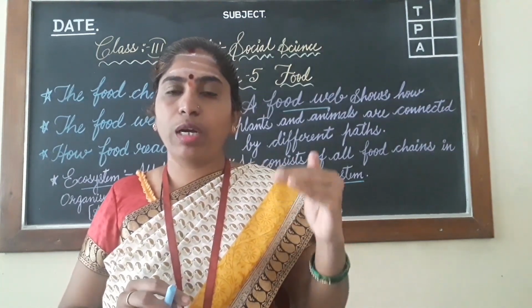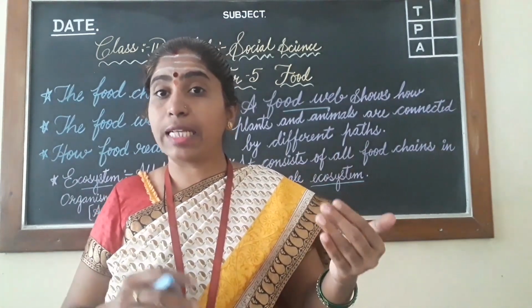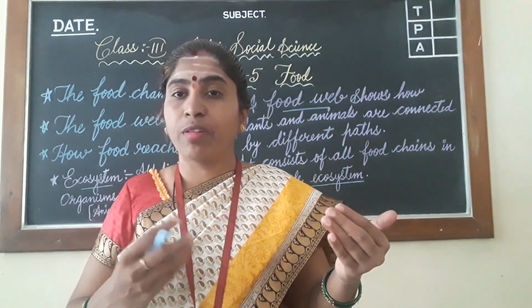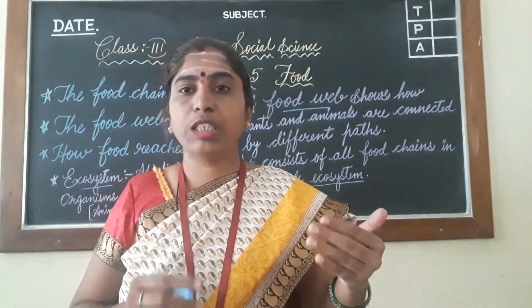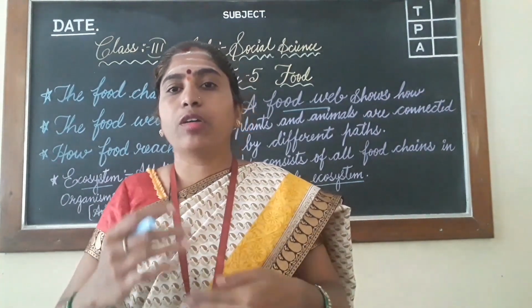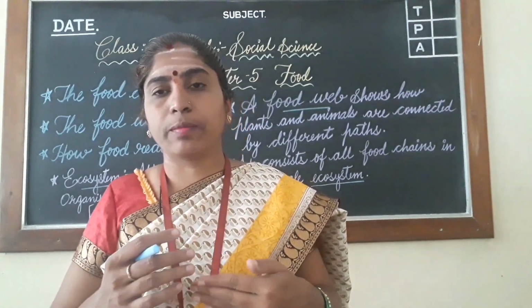These bacteria return nutrients to the soil. Again you see, when fertile soil is there, then only plants will grow. Then at the end, when cats die, again these bacteria will return the nutrients to the soil, isn't it? So this is how the ecosystem works.